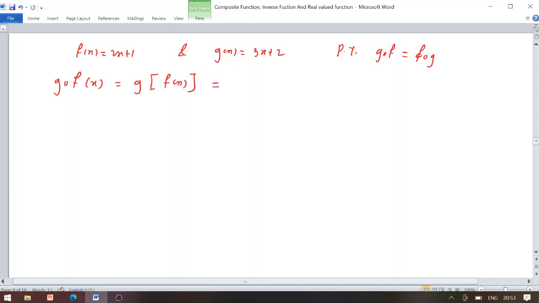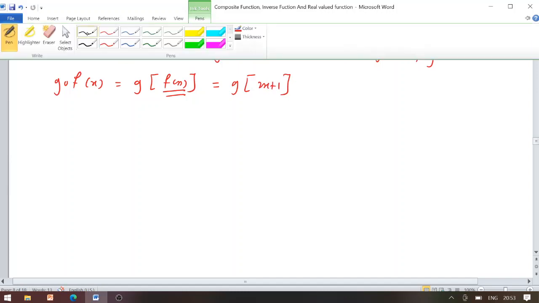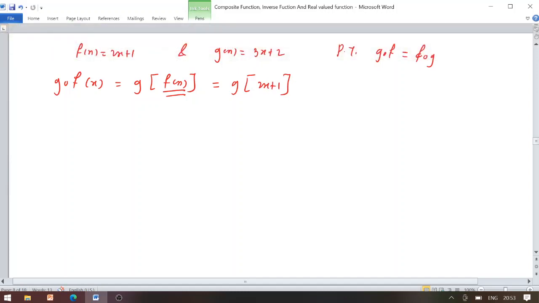So there is another way of finding g composition f of x. Let us first replace f of x by its value, 2x plus 1. Now we are finding g of (2x + 1). So replace x in the function g by 2x plus 1.